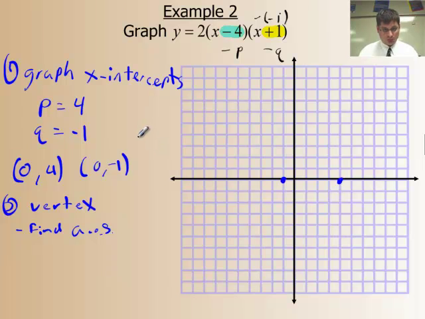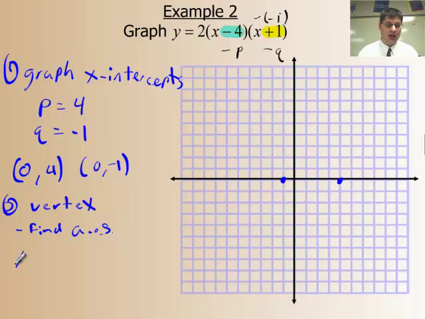The axis of symmetry is right in the middle, between those 2 points. Now, these are 2 whole numbers, or integers, rather, but it's not necessarily always going to be. And you want to use the formula. Well, it's the average of the 2.